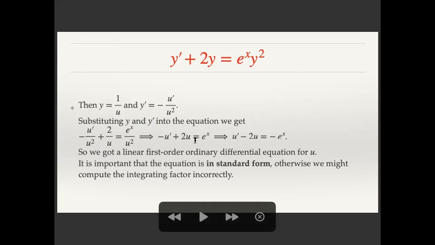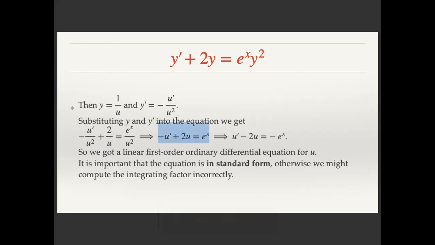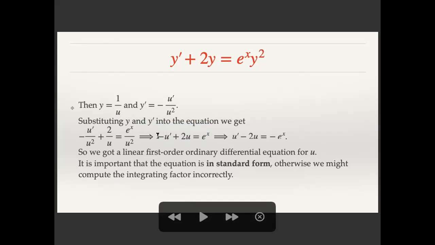So after we multiply the equation by u squared, we get minus u prime plus 2u is equal to e to the x. And this is a linear equation, but it is not in standard form. So I'm saying this the second time. This minus in front of u prime makes the equation not be in standard form.